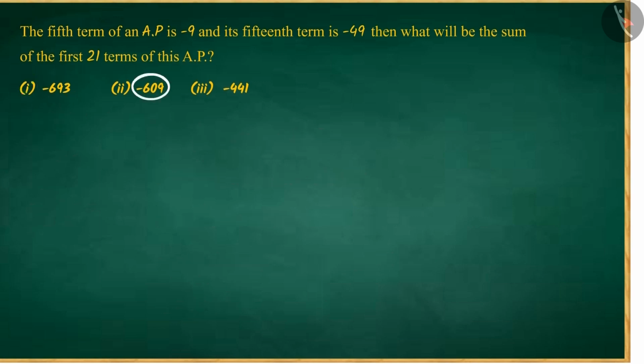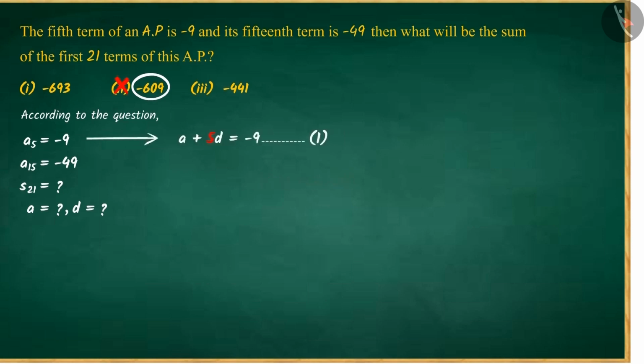If you have selected option 2, then it is a good attempt, but it is the wrong answer. Because your attempt was based on the wrong formula for the nth term of the arithmetic progression, you made the wrong equation from the 5th and 15th terms.